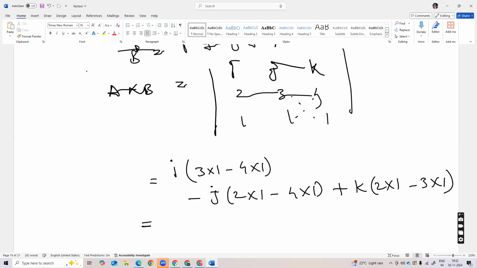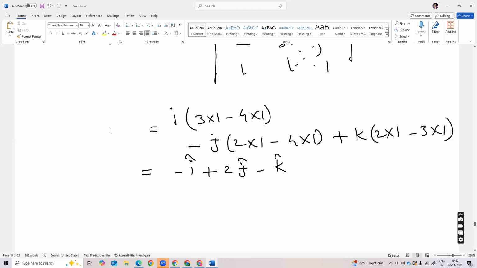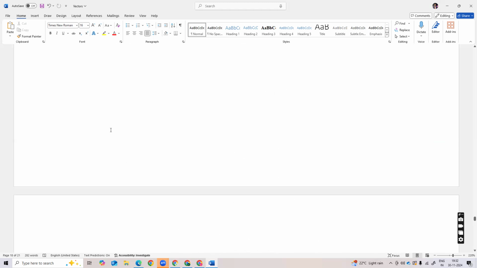So it gives you 3 minus 4 is minus i. Then 2 minus 4 is minus 2, so minus 2 into minus j is plus 2j, plus, sorry, 2 minus 3 is minus 1, so minus k. So this is the A cross B you have got.